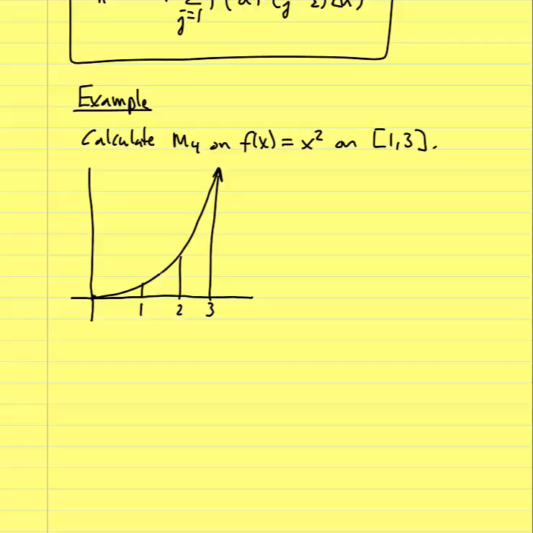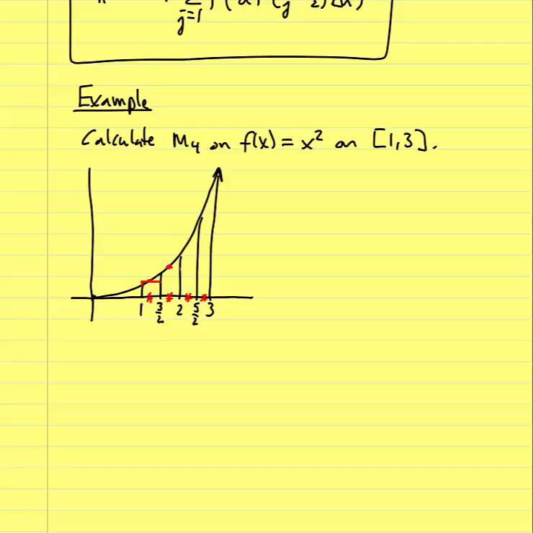So now I have 2 rectangles. Here is 3/2. Here's 5/2. So now my midpoints are not 1 or 3/2, it's this value in between these. So I need to find these points.